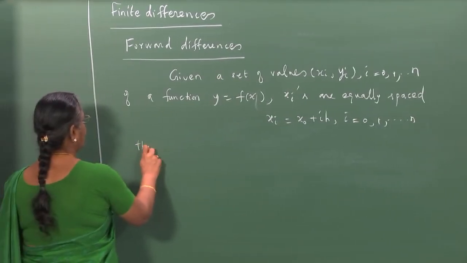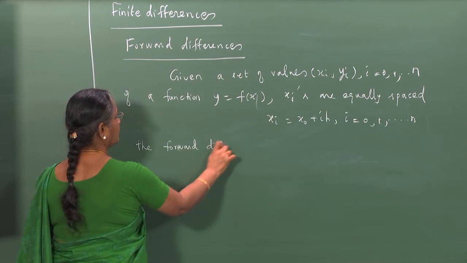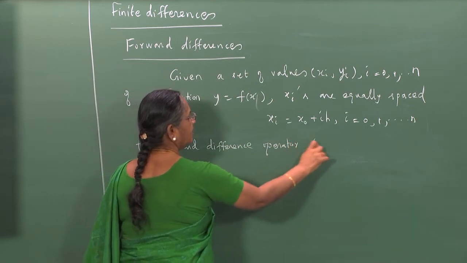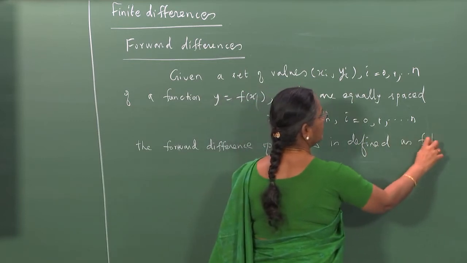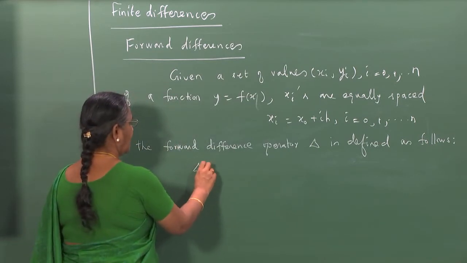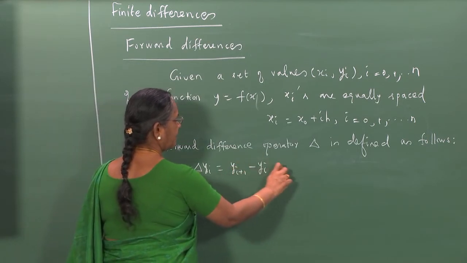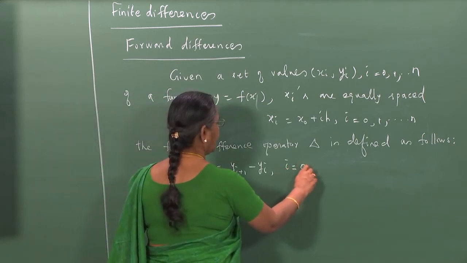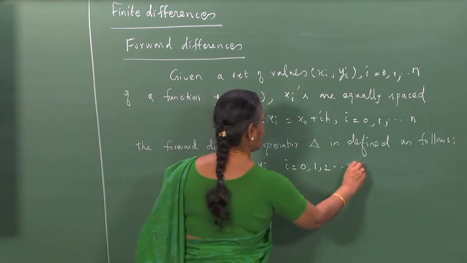The forward difference operator delta is defined as follows. So, delta on yi is yi plus 1 minus yi for i is equal to 0, 1, 2, 3 up to n minus 1.